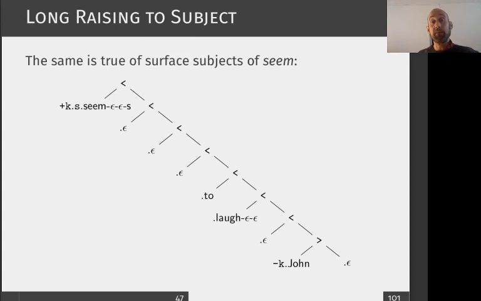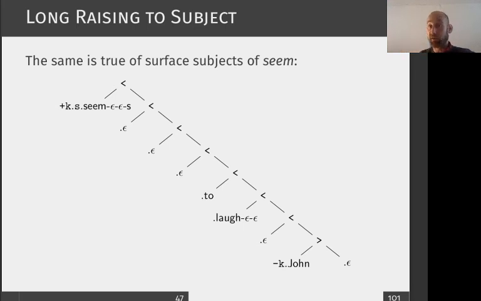We can do the same thing with seem. Right? So here, seems, right? So the plus k here comes from the s, the present tense. Seem has been head moved up to it. So we built this structure, seem with present tense, with no have or be.